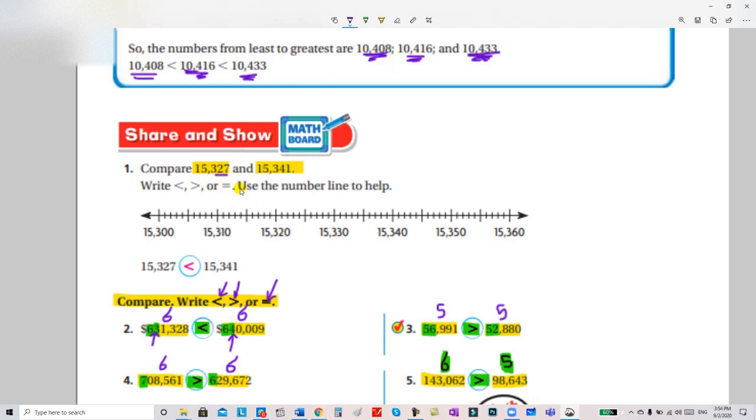Between 20 and 30, of course. Let's count: 21, 22, 23, 24, 25, 26, 27. So our number is here, 27, because we are searching for 27.